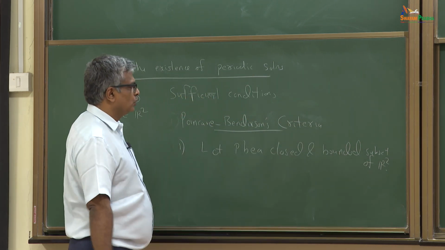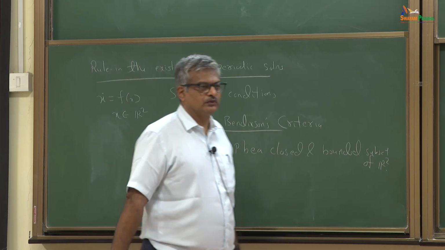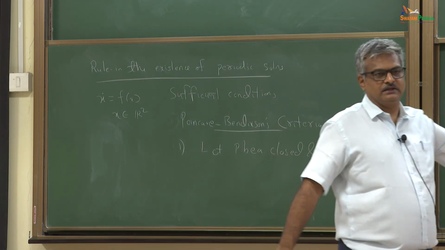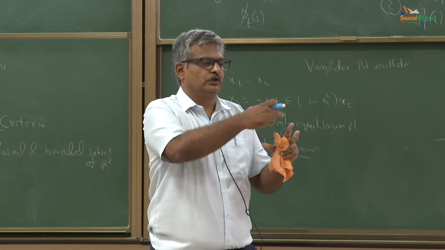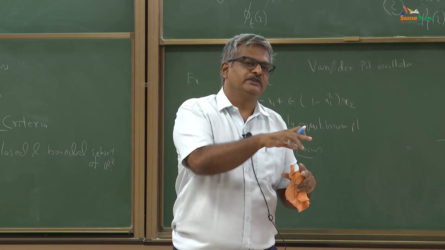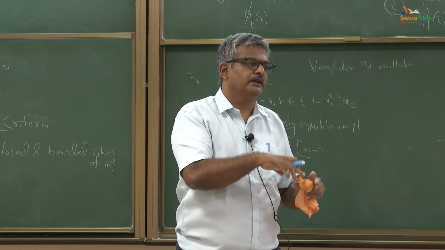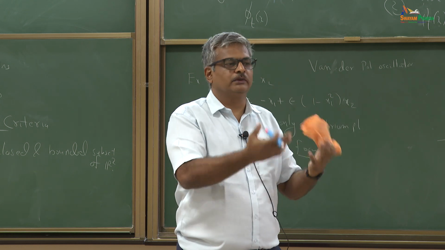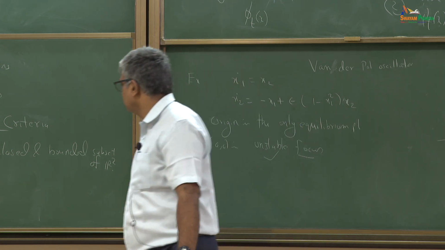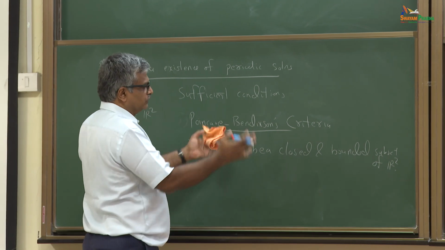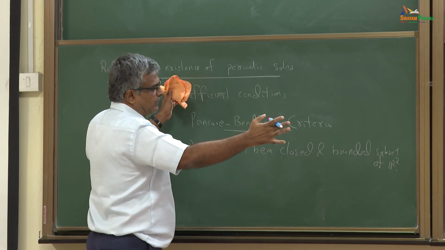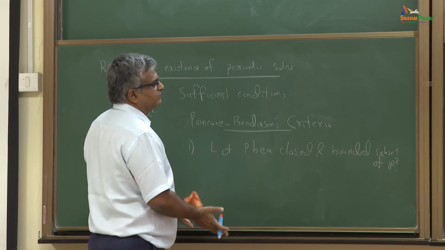Let P be a closed and bounded subset of R2. We saw the definition of an open set, like a ball without the boundary. So you take points along with the boundary, that means all points in the set along with the boundary, and it becomes a closed set. It is a bounded set if you can enclose the whole set in some ball of some radius and some center.